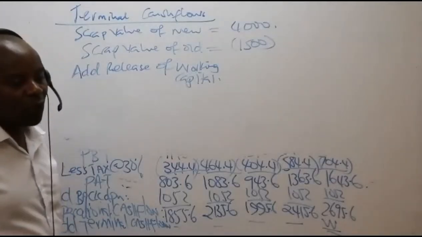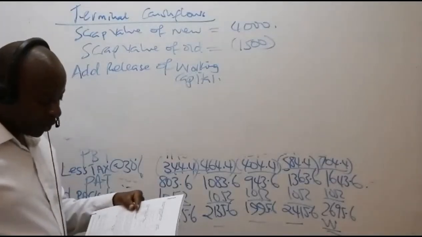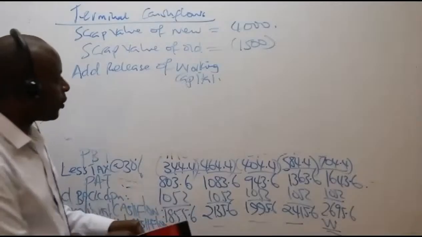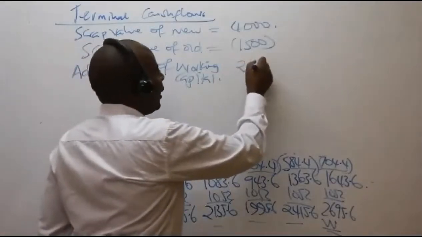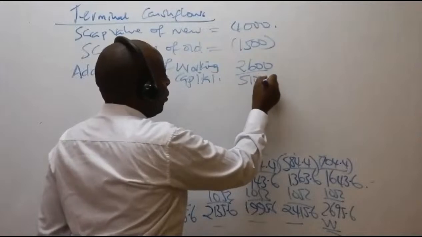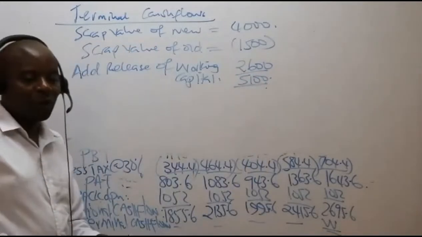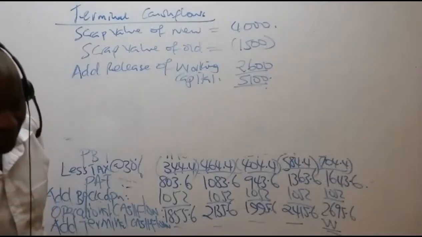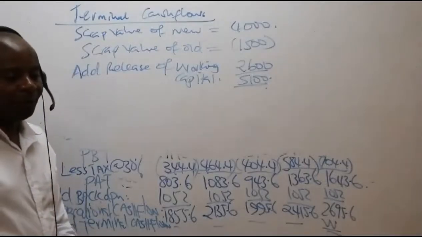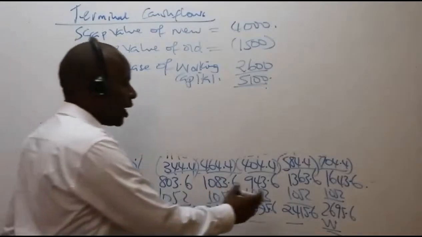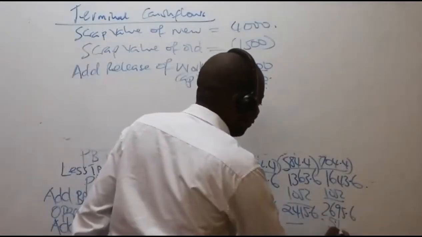The release of the working capital was 2,600. And I want to believe that this is how they got their 5,100, which will come at termination. So this is what we put here, 5,100.